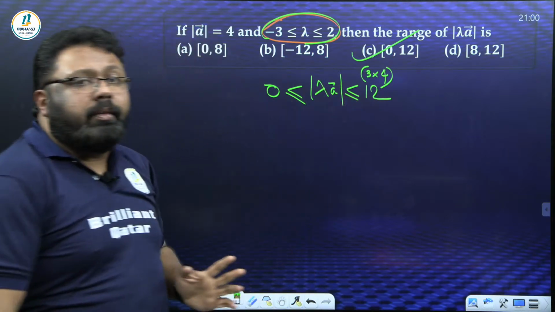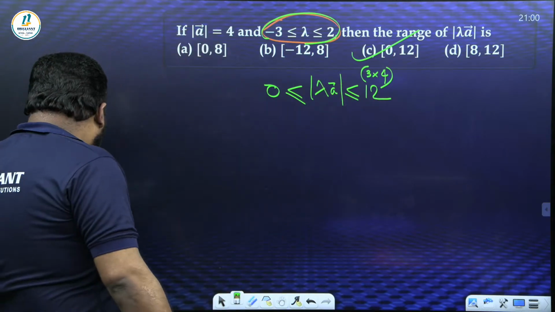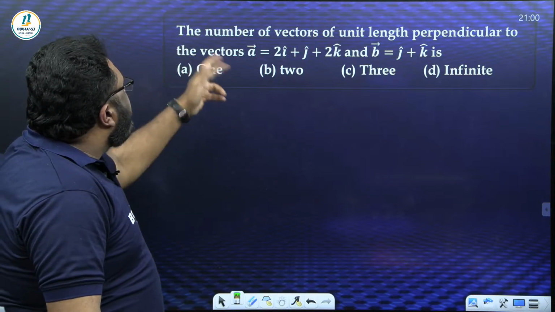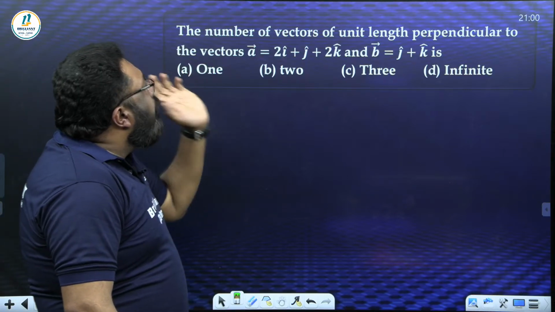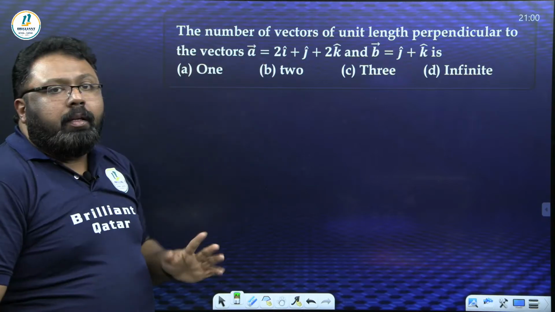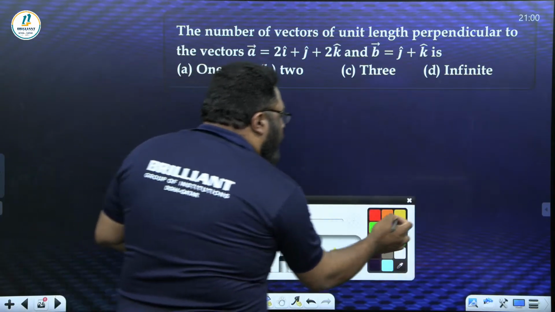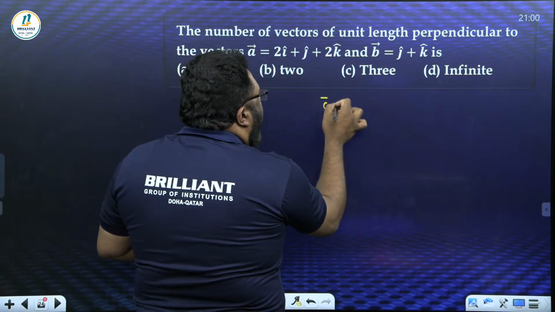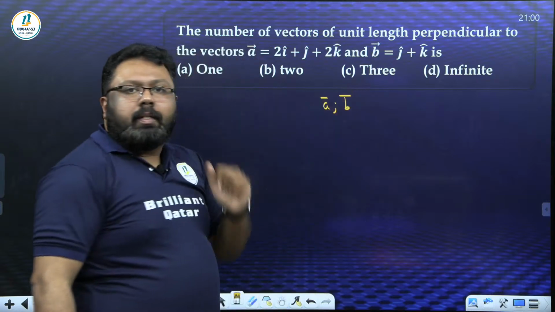A very good question, my dears. Yes. Next, the number of vectors of unit length perpendicular to A and B. My dears, simple logic. A and B are two vectors.